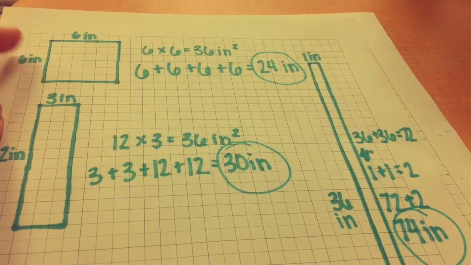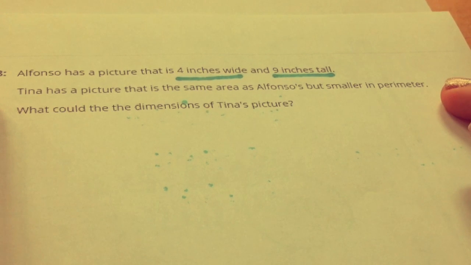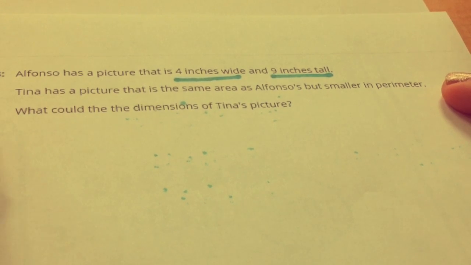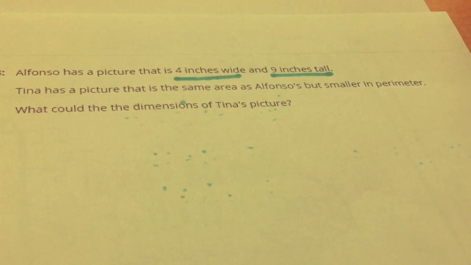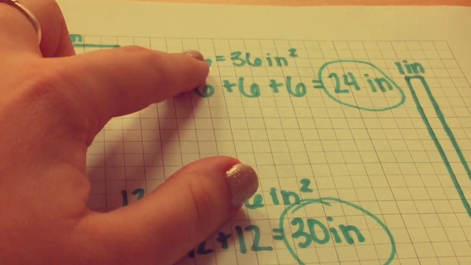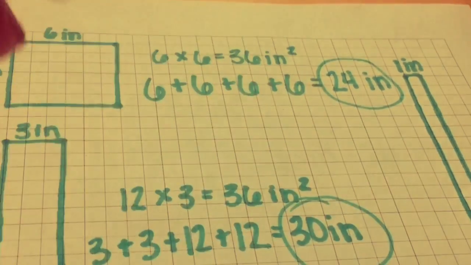Now let's go back to our question. Our question says that Tina has a picture with the same area as Alfonso's, which we already decided was 36 inches squared, but a smaller perimeter. What could the dimensions of Tina's picture be? We decided that this was the only shape that could work because its area is 36 inches squared, but it was the only shape that had a perimeter of less than 26 inches.